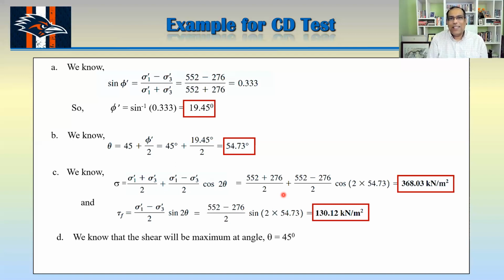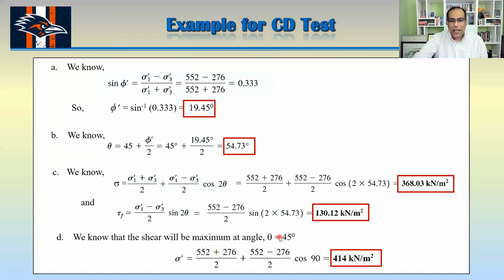So if it makes 90 degree with the x-axis in the Mohr circle, then basically this one has to be 45 degree actual angle. So if you assume that theta is equal to 45 degree and plug that value here, then you can get the normal stress at 45 degree plane.